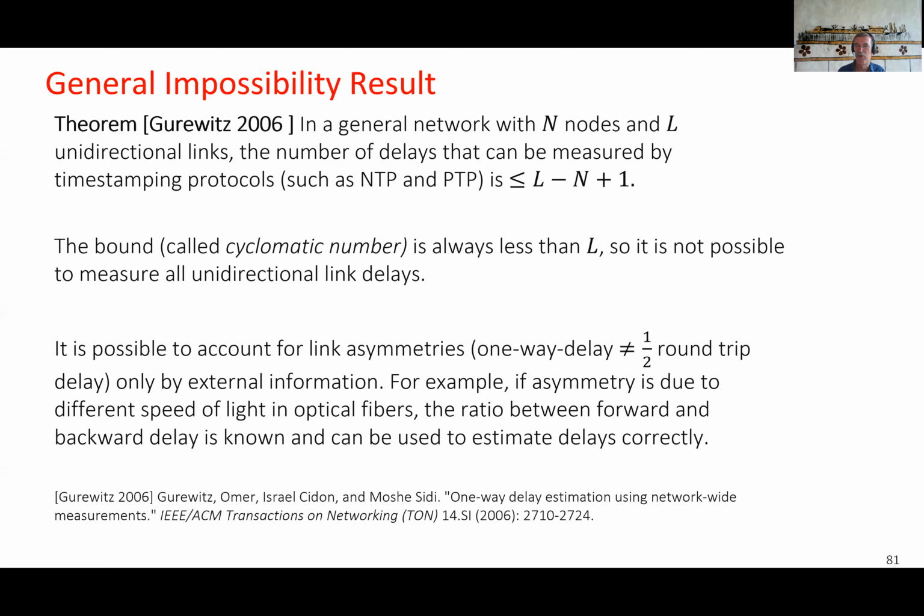So if the asymmetry is due to things that you know and that you can quantify, then you can measure one-way delay. If the asymmetry is not known, for example because there is an attack, if you can introduce a delay between two nodes that is different in the two directions, then all the timestamping protocols will be fooled. So this is an attack against time synchronization.